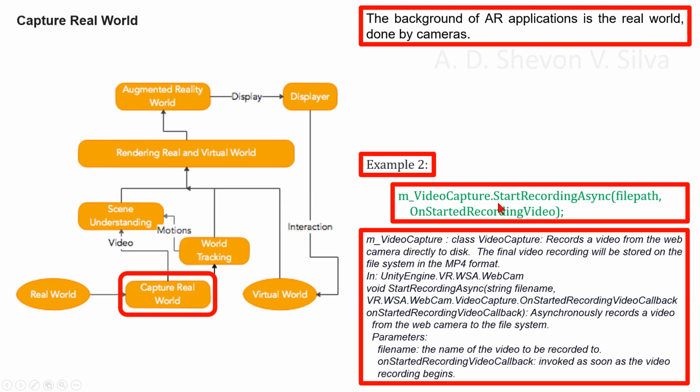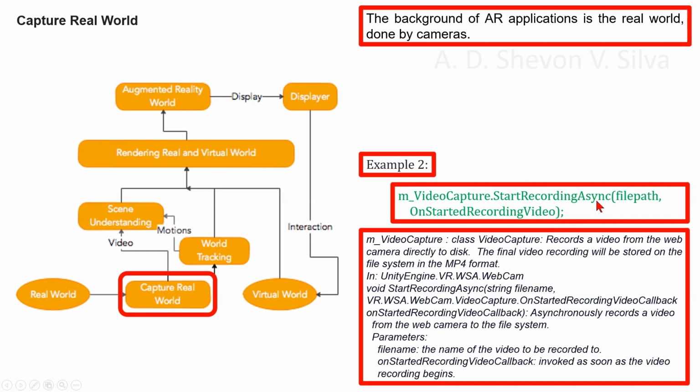UnityEngine.XR.WSA.WebCam, and here void StartRecordingAsync string filename, VideoCapture.OnStartedRecordingVideoCallback onStartedRecordingVideoCallback.